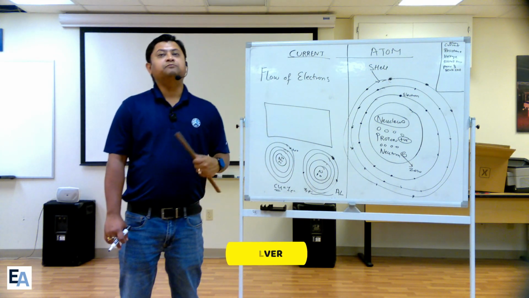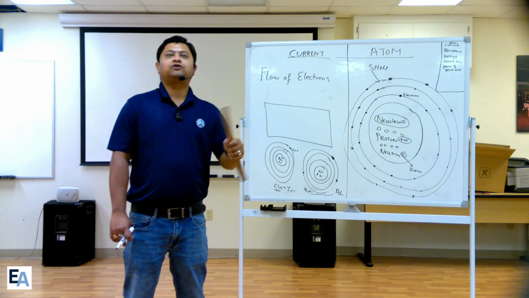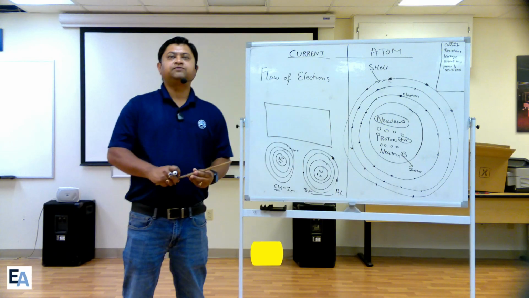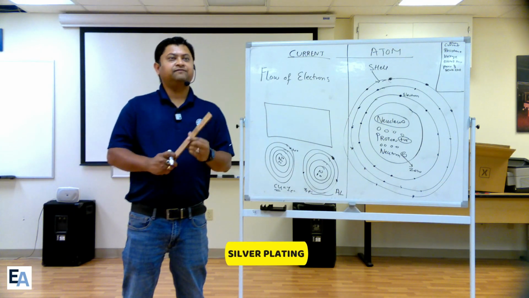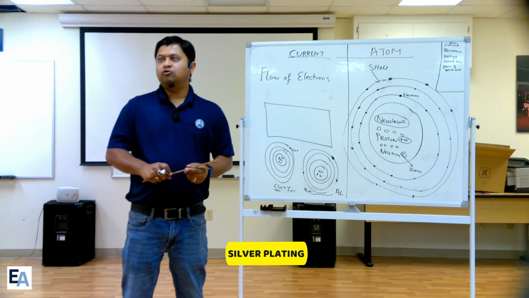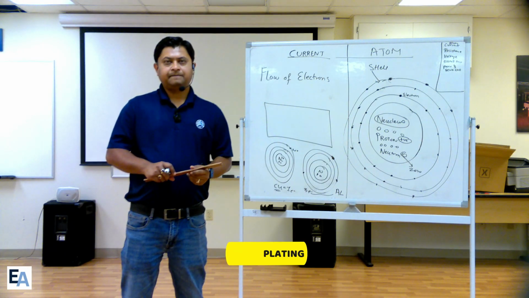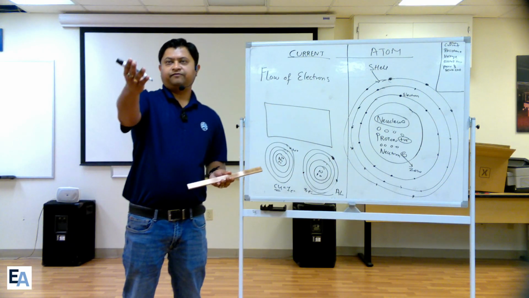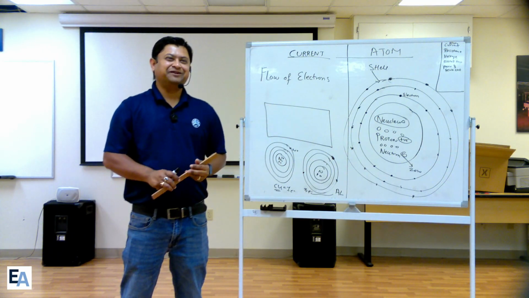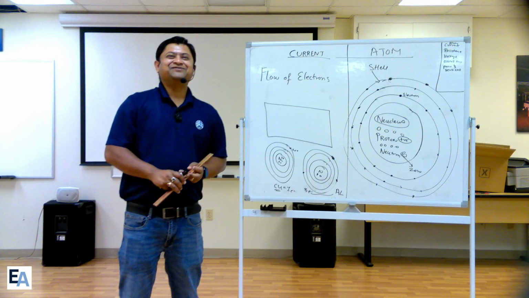But since it is more costly, we are not going to use silver everywhere. If you go down there, you will see it comes with a silver plating, because silver is much more conductive. We cannot use silver everywhere. Just assume if we used all silver in a transformer, it would be a $1 billion transformer, so we cannot do that.